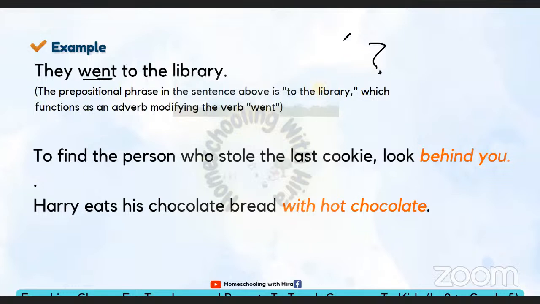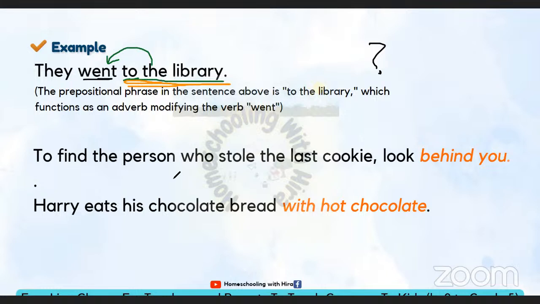To the library. This to is the preposition. It means the phrase is starting from here, to the library. But this phrase is giving us information about the action of going, okay? They went. So this will become an adverbial phrase with an orange line.